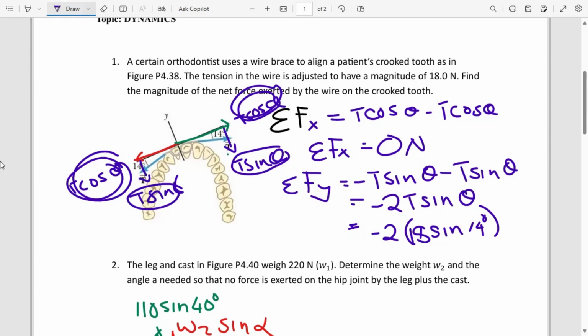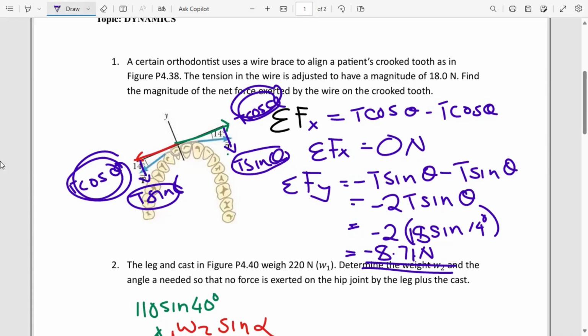And if I multiply that by negative 2, I'm getting a magnitude of a force in the y-axis which is equal to negative 8.71 newtons.